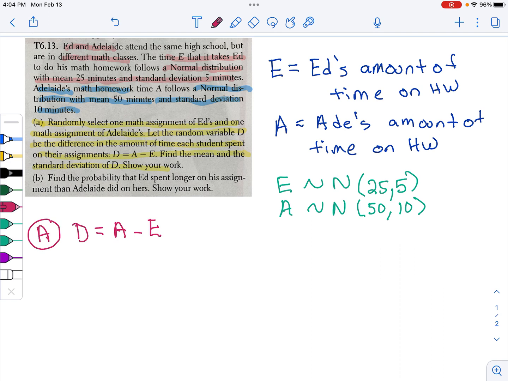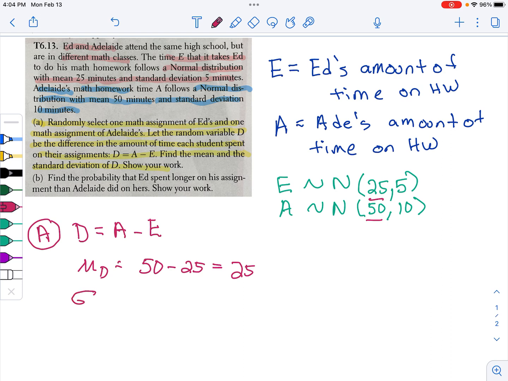So we now have to find the mean difference. Here we know that Addie is 50 and Ed is 25, so simply the difference is 50 minus 25, and that is a difference of 25.